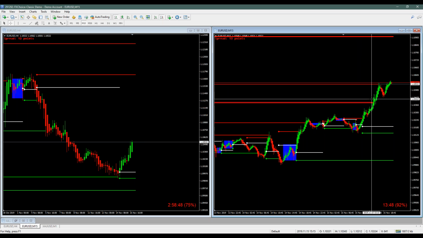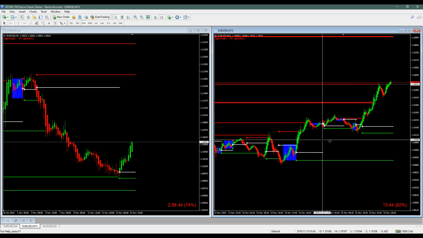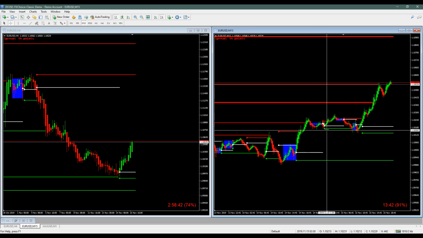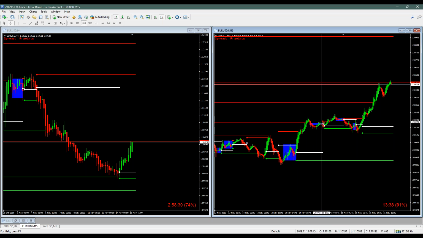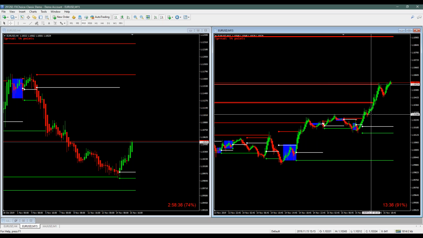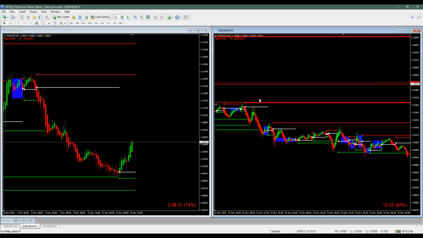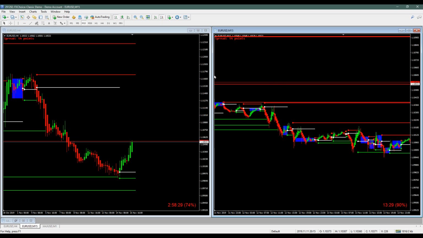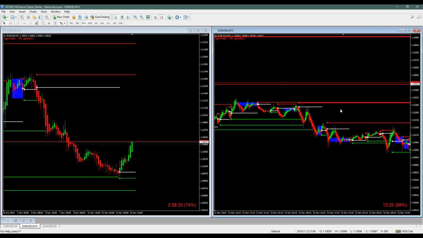So going back to the original question, where do you manage a stop loss? If you don't have a lot of architecture in the chart, you have to go off the recent lows and recent highs, because that's where you start to get new architecture and significant points. When you get a trend that is more developed, I like to use the expansion lines.